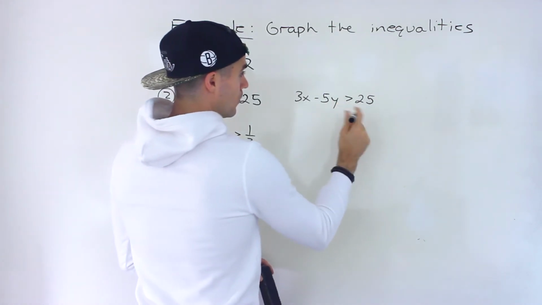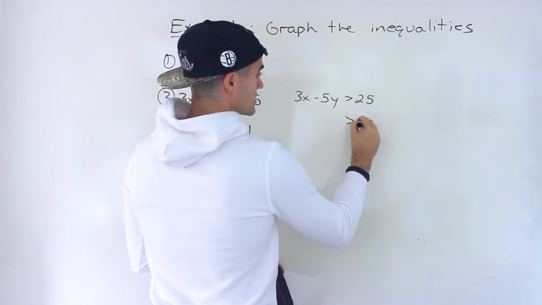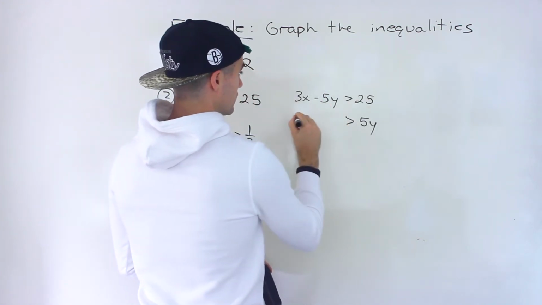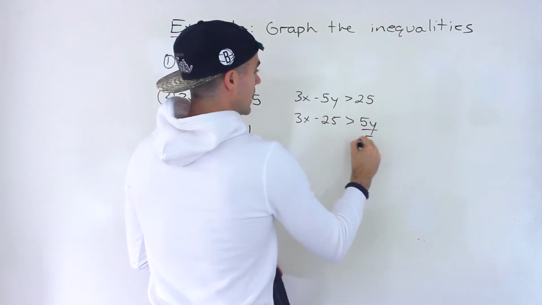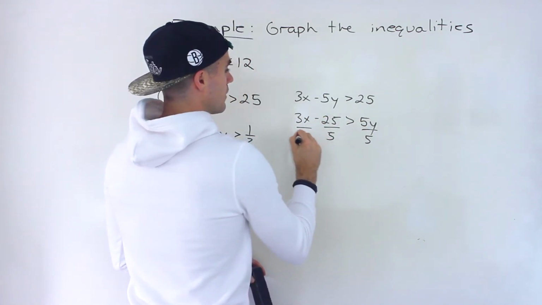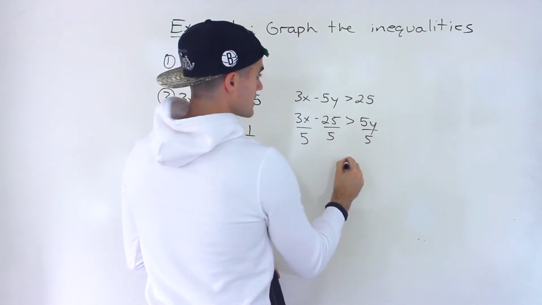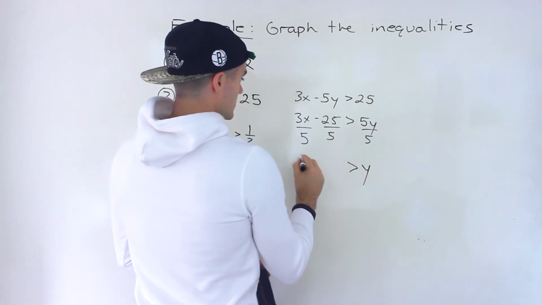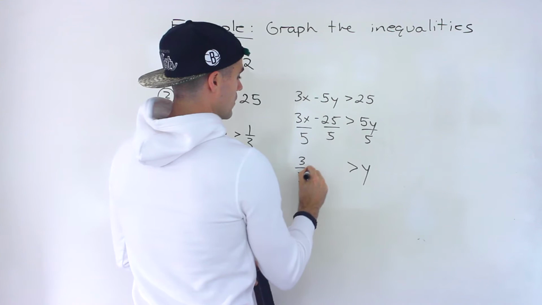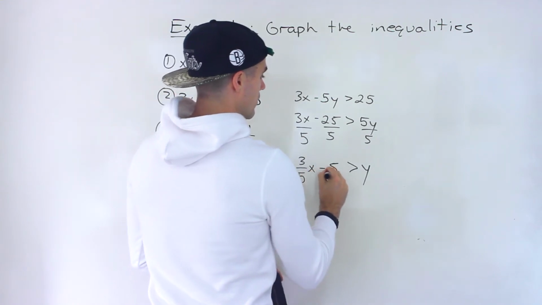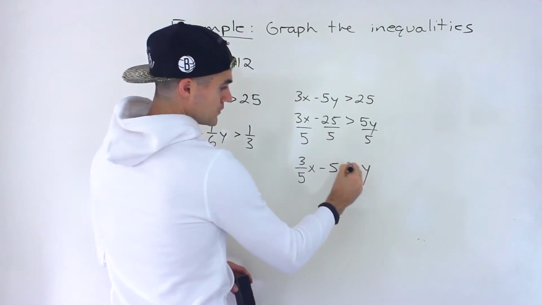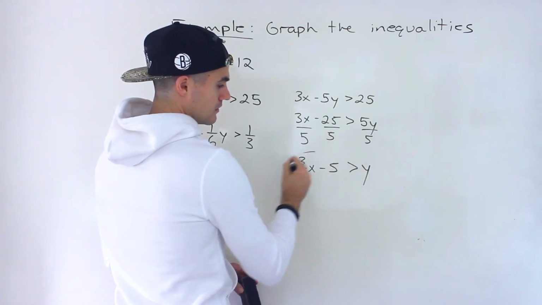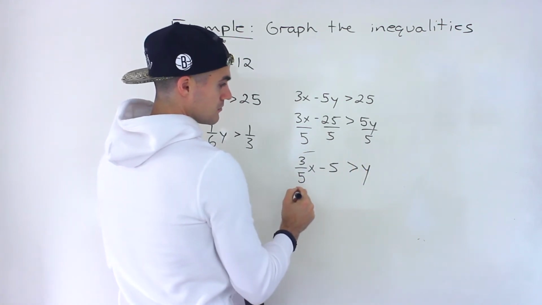I'm going to bring the y over to keep it positive, and then the 25 I'm going to bring over, just so when we divide everything by 5, we don't have to worry about flipping that sign. And so we would end up with this over here: all of the y values are less than 3 over 5x minus 5.